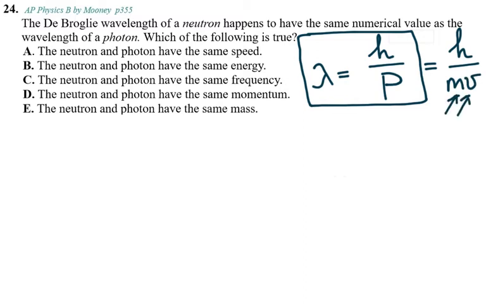So what I can say is that the neutron and photon have the same momentum. They may have different masses, but the momentum of the photon is equal to the momentum of the neutron.